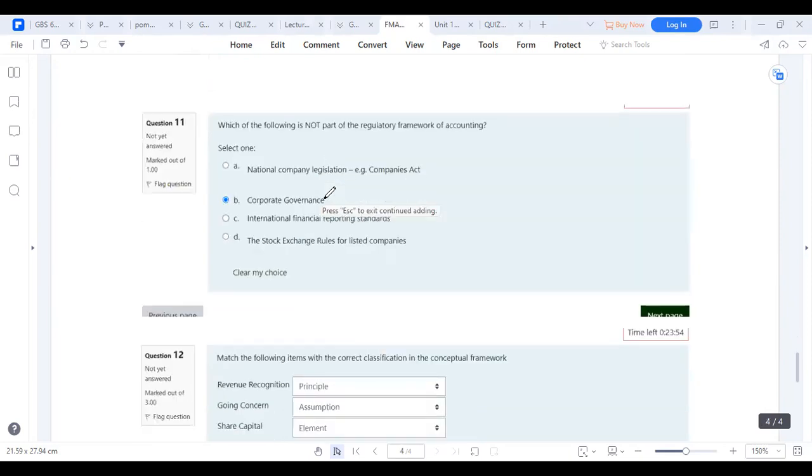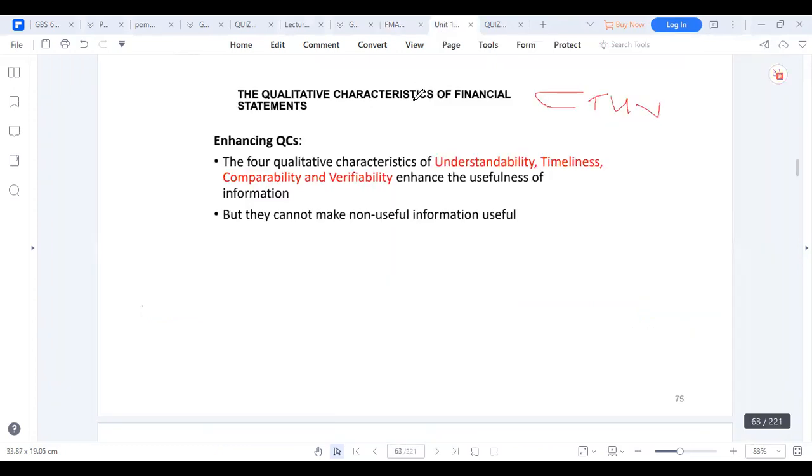Or we have some more. Which of the following is not part of the regulatory framework of accounting? So we have national company regulation. This one is part. Corporate governance, the national reporting standard, the stock rules. So we had a diagram which looked like this, which showed the entities as has been presented. So everything basically comes from the module.